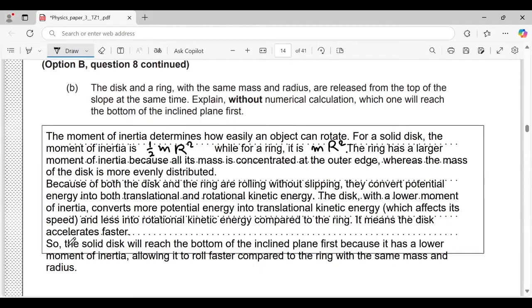It means that it accelerates faster. So the conclusion: the solid disk will reach the bottom of the inclined plane first because it has a lower moment of inertia, allowing it to roll faster compared to the ring with the same mass and radius.